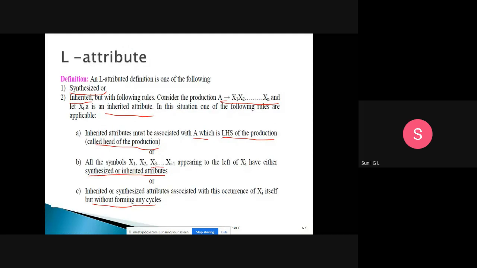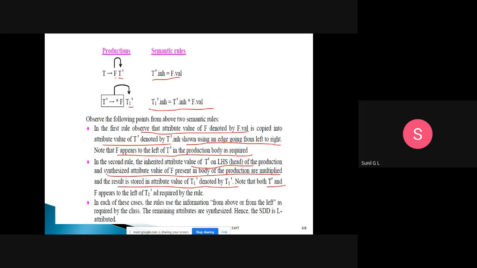In the second rule, for all the symbols in Xi, suppose you have Xi, then Xi-1 will be a synthesized or an inherited attribute. Xi-1, Xi-2 may be synthesized or inherited. In each of these cases, the rules use information from above or from the left as required by the class.